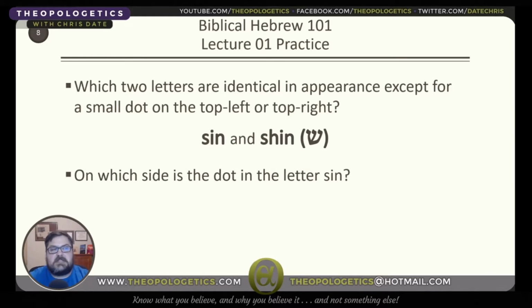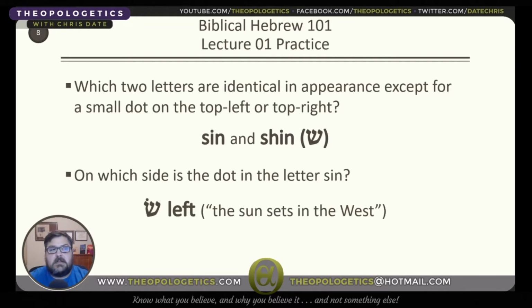Now, on which side is the dot in the letter Sin? They both look like this three-tined fork in the parentheses. One of them has a dot on the top right, and the other has a dot on the top left. So on which side of this character is the dot in the letter Sin?